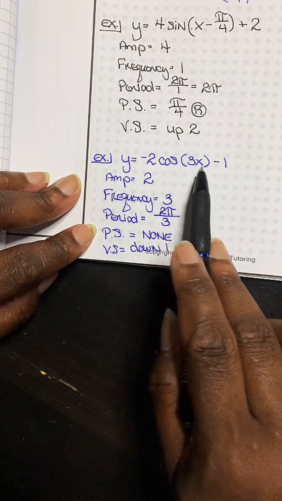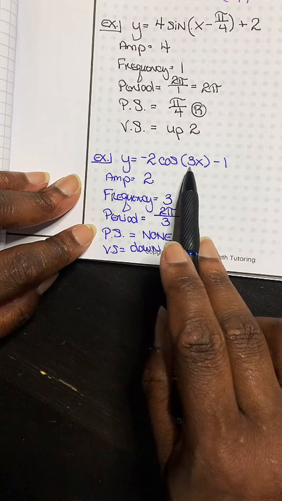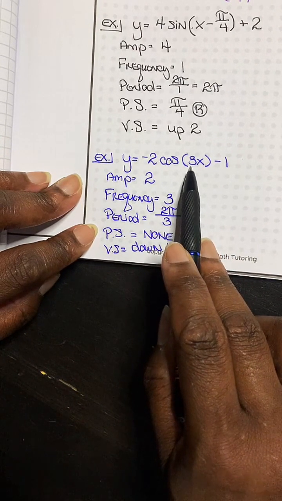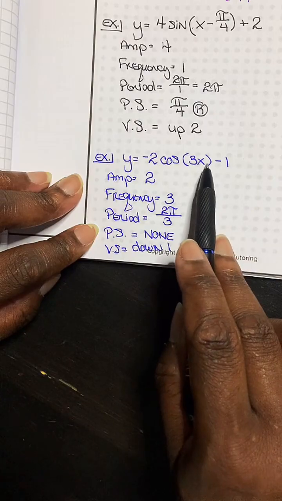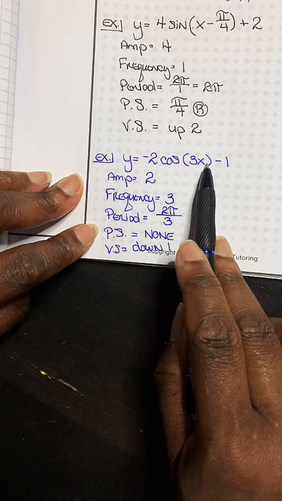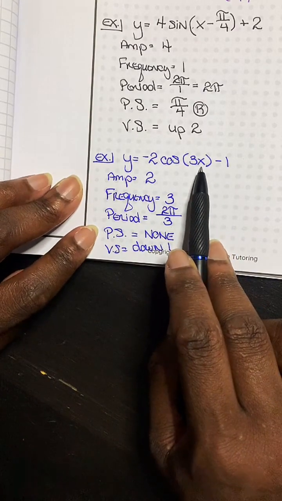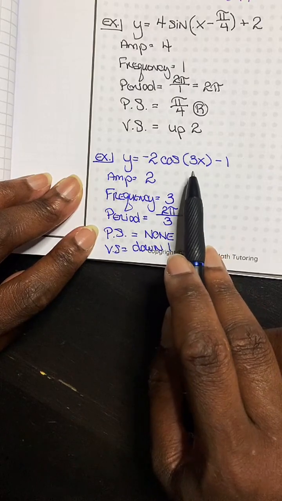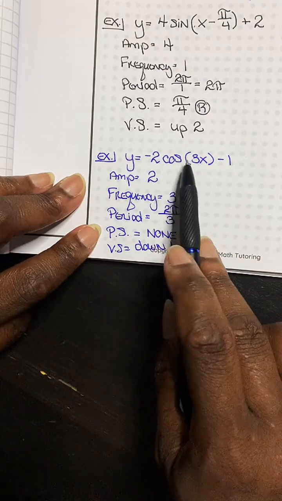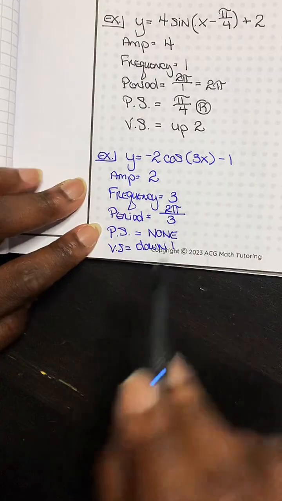But what happens if I have a leading coefficient in with the x, but then it also gives me another movement? What happens if not my phase shift, sorry, my frequency and then my phase shift? So let me show you what I'm trying to say.